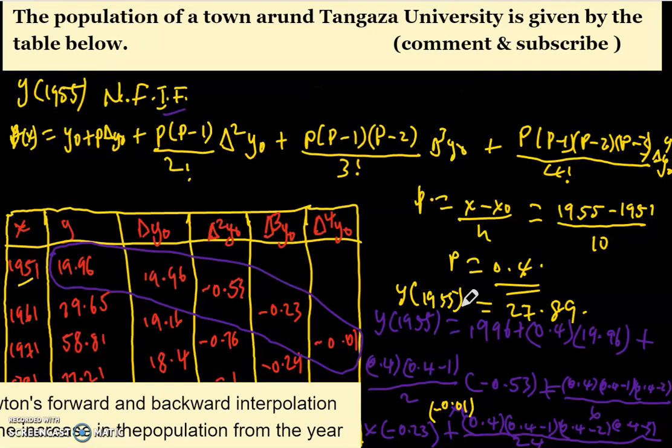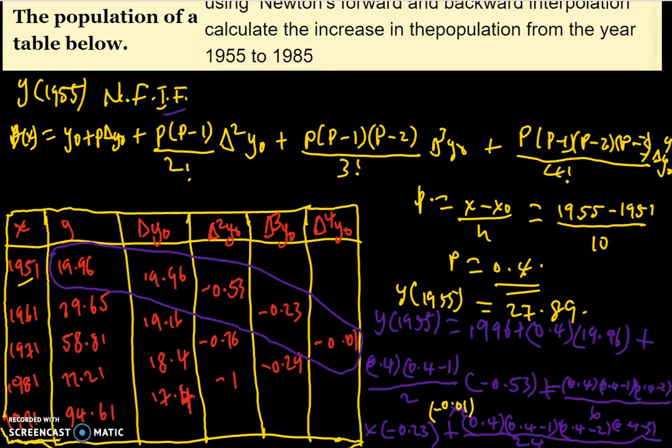Now let us also calculate y of 1985 for the backward interpolation. Note that for Newton backward, our formula changes. Here we will have yn, not y naught.